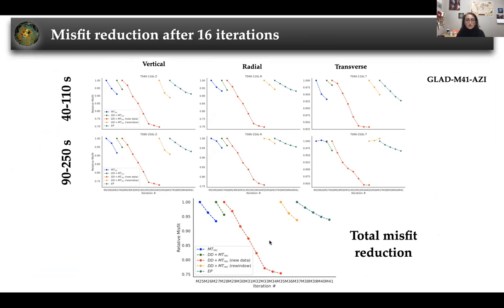This is the total misfit reduction, but we also keep track of the misfit reduction in different measurement categories. The jumps or the different colors denote whenever we change the misfit function or the number of measurements, or the measurement period bands.